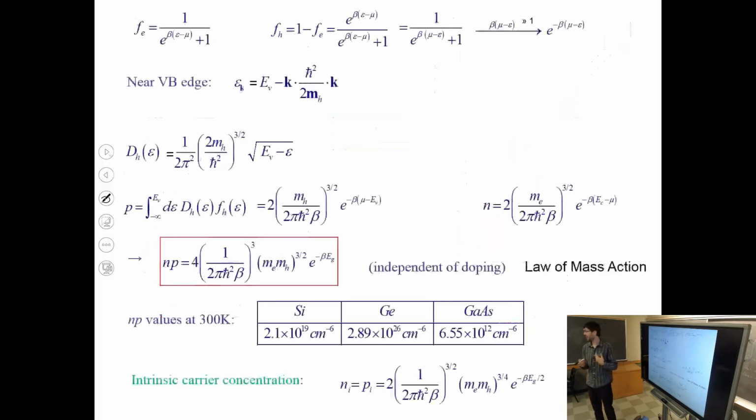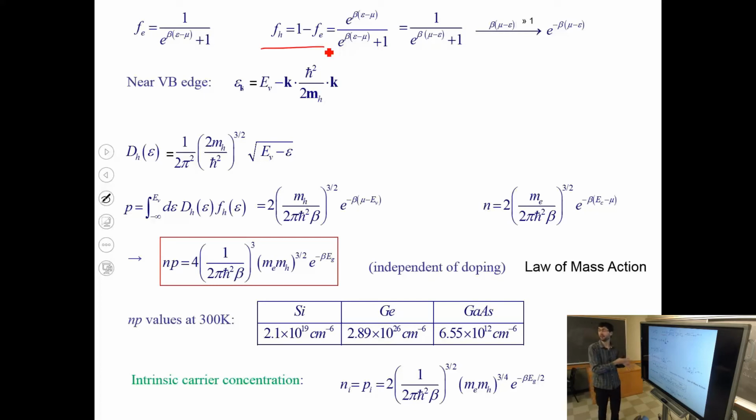Now, let's do the same thing for the valence band. In the valence band, we have some thermal concentration of holes. And so there will be some minus signs involved. In particular, in this case, the Fermi factor for holes is 1 minus that of electrons.